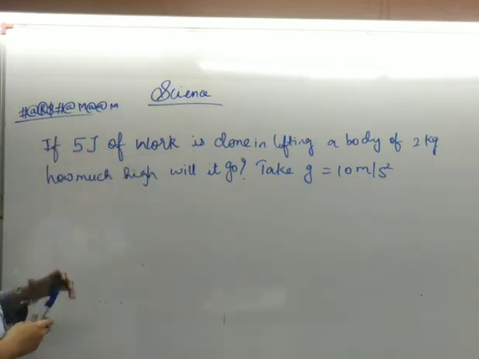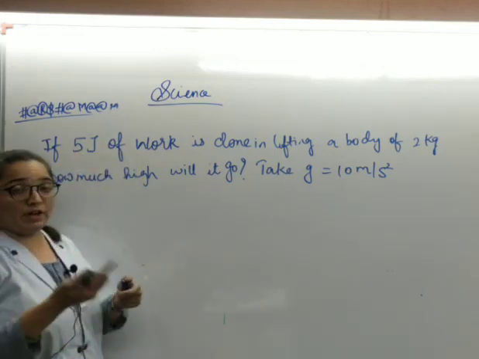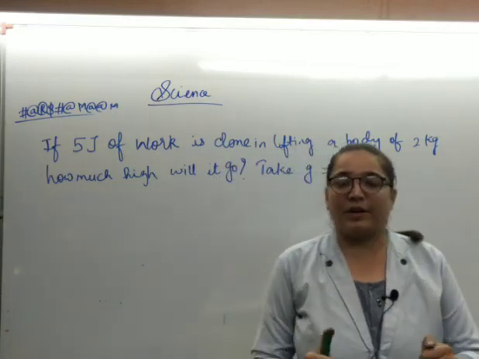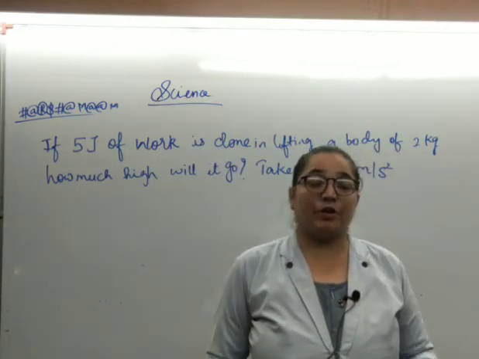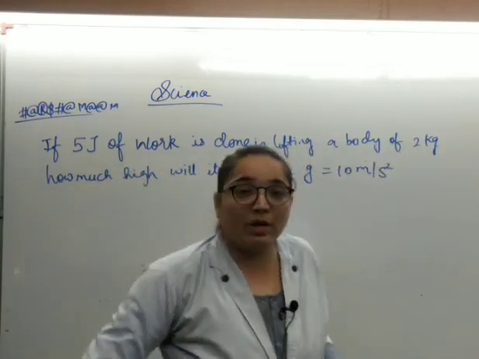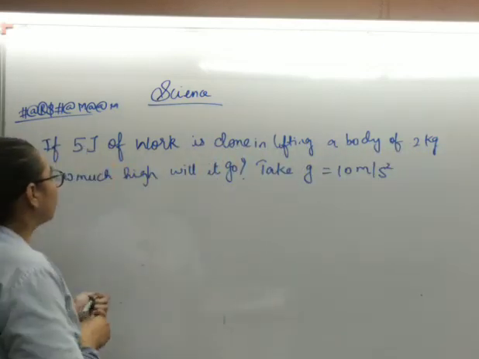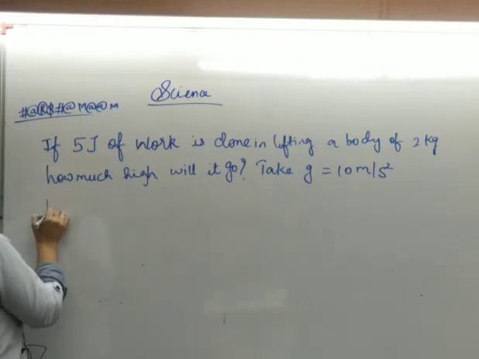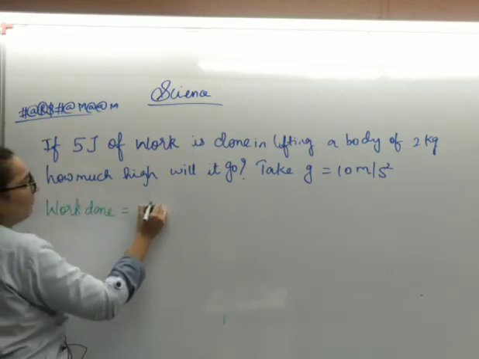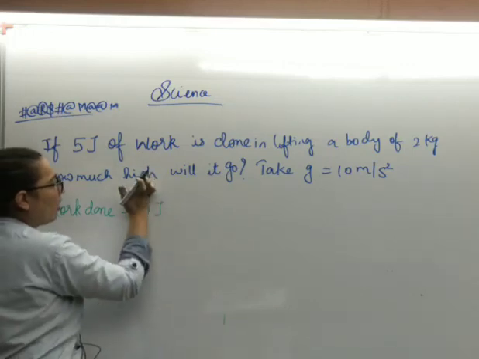Now what you are having over here is the total work done of 5 joule. This is a reverse question. What is the meaning of the reverse question? Every time normal questions are given to you, but in this case the opposite one is given. What is the work done? It's 5 joule.